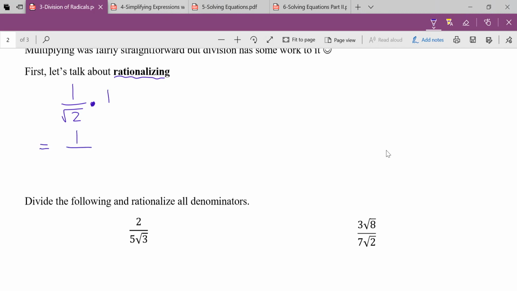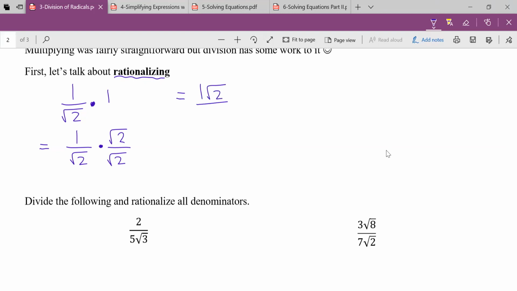But that doesn't get rid of that root 2 in the denominator, does it? So guess what I'm going to do? I'm going to multiply by 1 in a sneaky way. So I'm going to multiply by root 2 divided by root 2. Because root 2 divided by root 2, guess what, is 1. Okay, so now I'm going to multiply these together. So just like normal fractions, we multiply top with top, bottom with bottom, numerator of numerator, denominator of denominator.